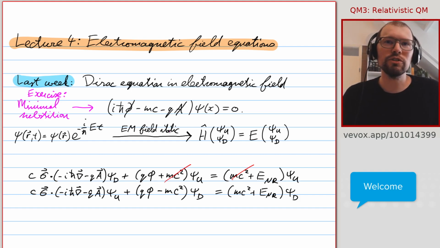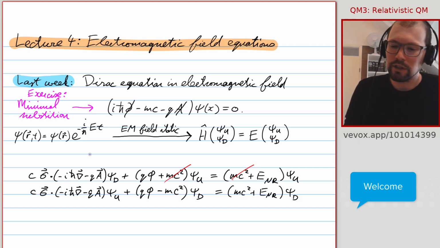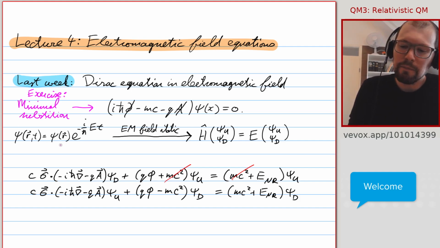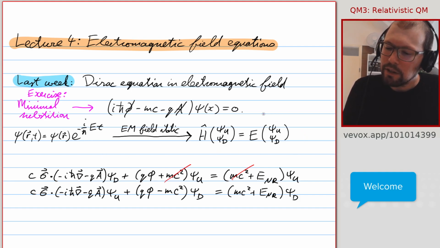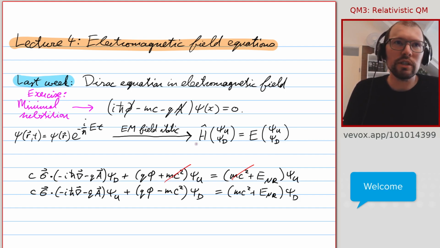So the first thing you would do in order to find the solutions is to look for solutions of the time-independent Schrödinger equation. So we set our wave function psi equal to spatial dependence times a uniform phase in time, and then you get the explicit time-independent Schrödinger equation corresponding to this Dirac equation.